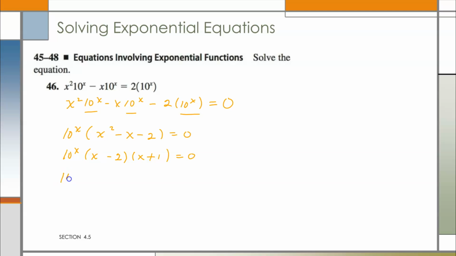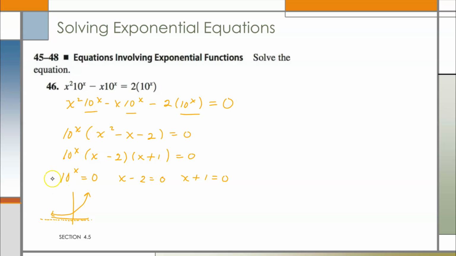Now the zero product property comes in. Each of these is set equal to 0. Setting these each equal to 0, we could start to see some solutions that are possible. Exponential graphs, remember, have a horizontal asymptote at the x-axis, so 10 to the x never touches or crosses the x-axis.